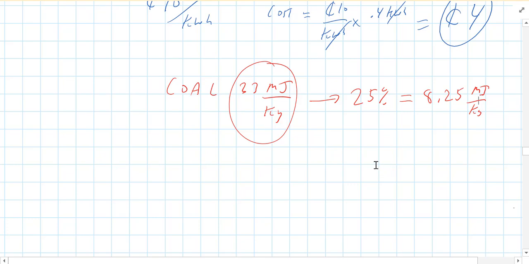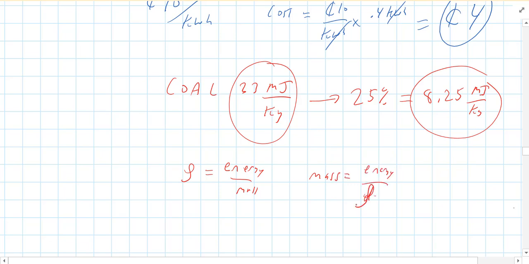So how much coal is that? Well, that would be the energy density. Density is equal to energy divided by mass. So the mass that we're going to use would equal energy divided by density, right? This rho.